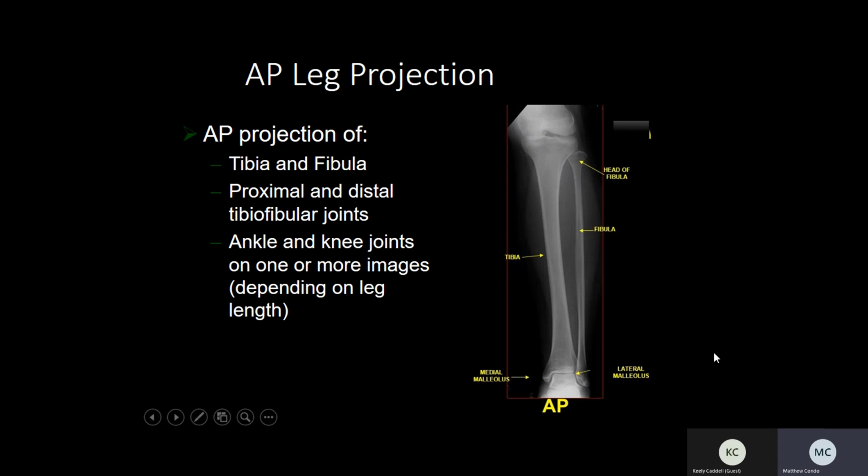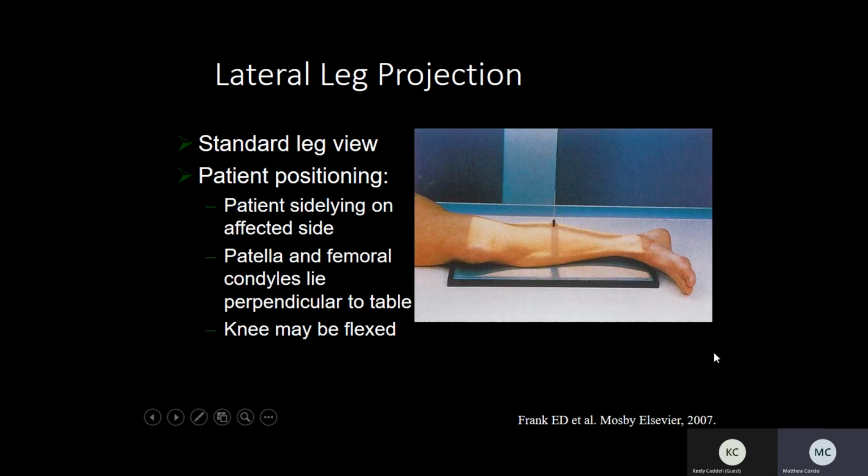Because if my patient has lower leg pain, maybe they have a stress fracture, maybe they just have pain, maybe they have a trauma, whatever it is, I can get both of those tibiofibular joints viewed by exposing my patient to one shot of radiation. Okay, that's really important. Obviously, we want to expose our patients to the least amount of radiation possible. So if I can view both of those structures in one shot, I'm a lot better off.